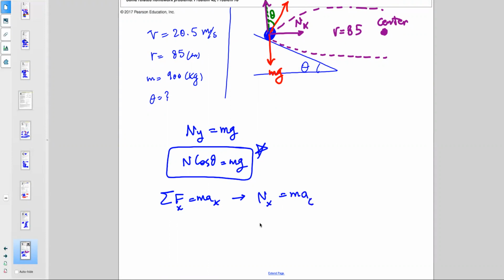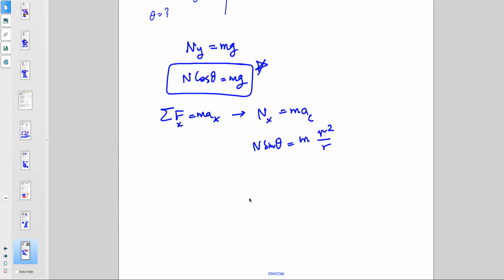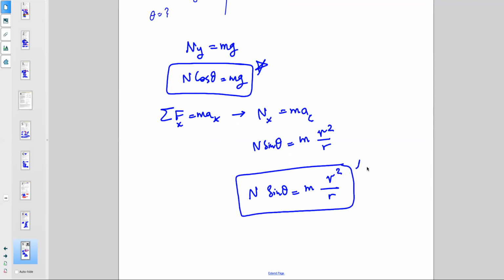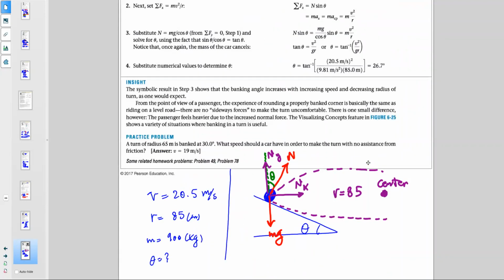So N of X is N sine of theta equals m times a of centripetal acceleration, and a of centripetal acceleration is v squared over r. Okay, so we have N sine theta equals m v squared over r. That's my second equation. I'm going to put double star around it.